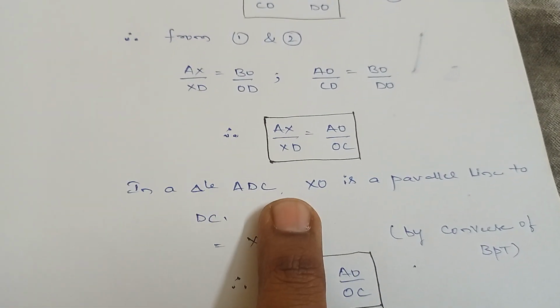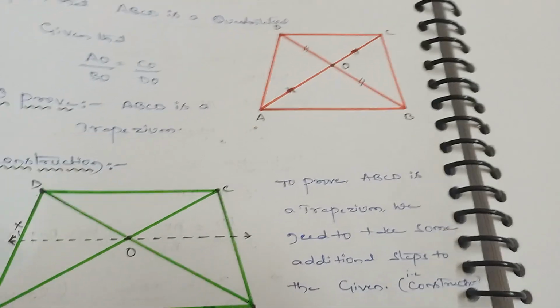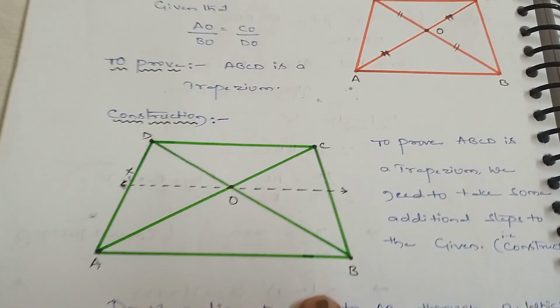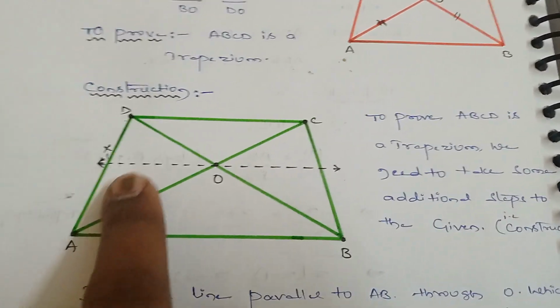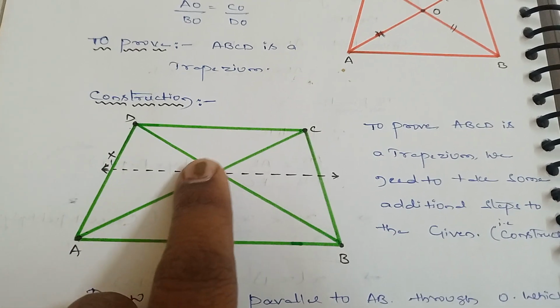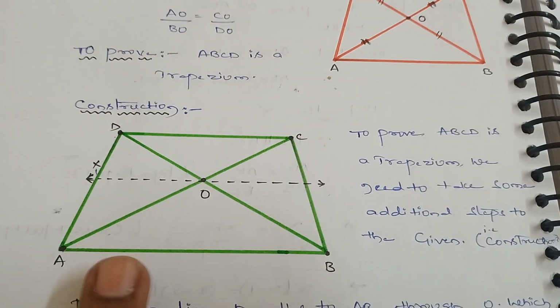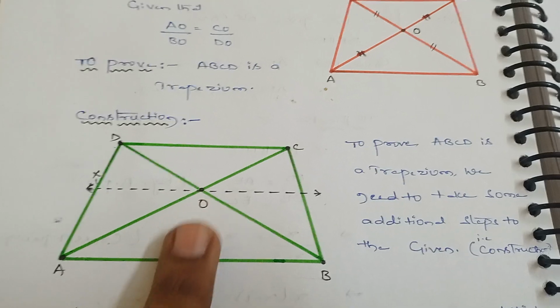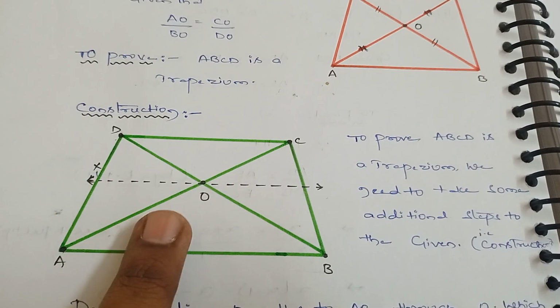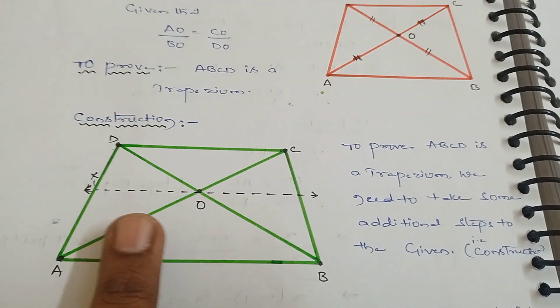Before telling this proof, I forgot to tell one more point. In a trapezium, to prove that a line is parallel to the other side, we need to take any two adjacent triangles.